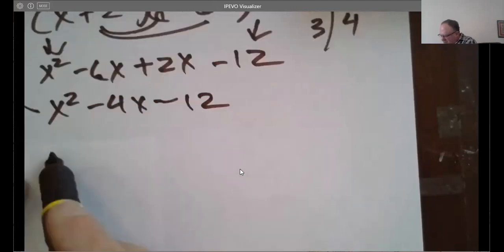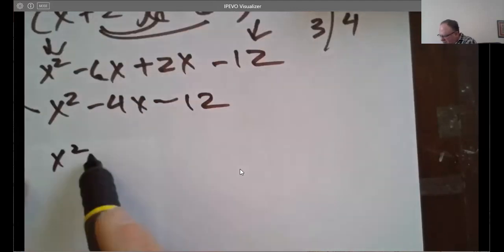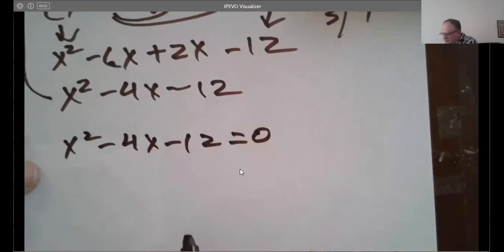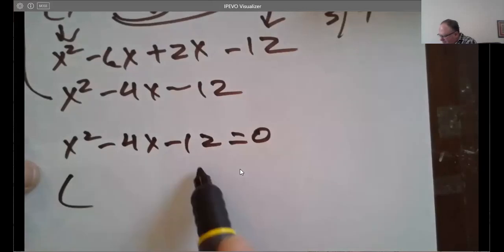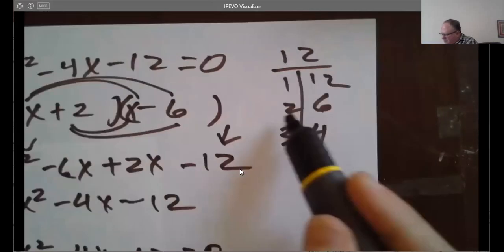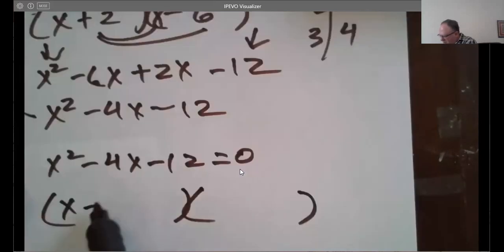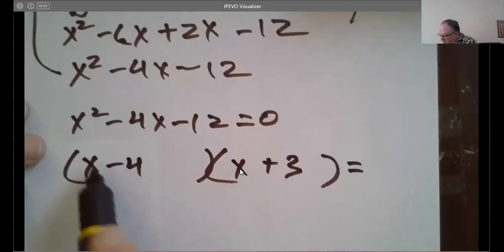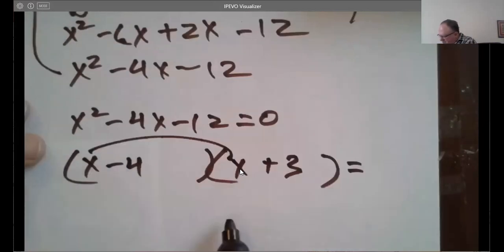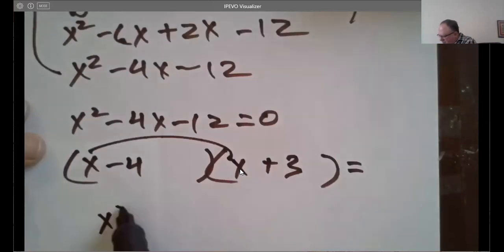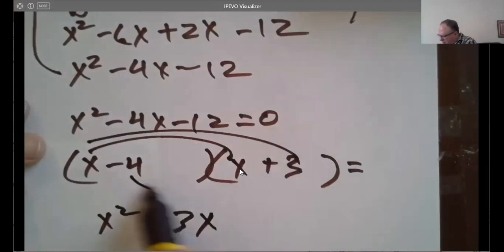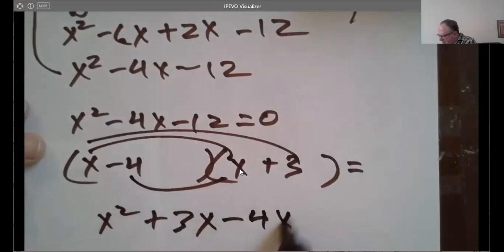But let's look at this again. x squared minus 4x minus 12 equals 0. And let's say that this time we use 3 and 4. So we put x minus 4 in here and x plus 3. Okay? So if we check it, x times x, that's x squared. That's plus 3x, right? The two inner terms, minus 4x, and negative 12.